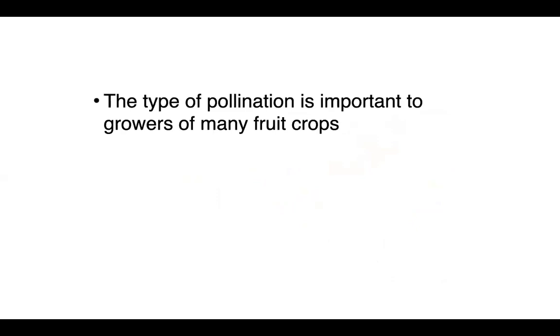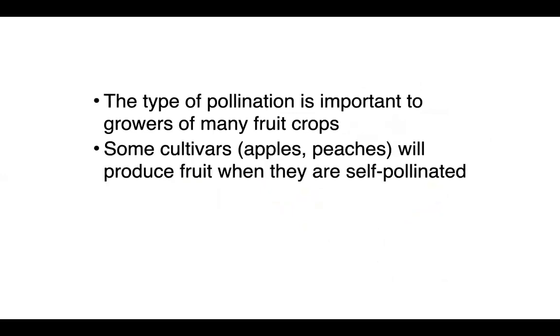The type of pollination is important to the growers of a lot of fruit crops. Some cultivars, if you remember cultivar from way back at the beginning of the semester, is like cultivating variation, when we take one particular fruit, but we make different varieties, like apples and peaches.